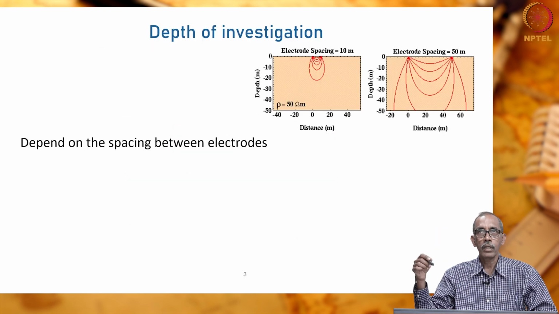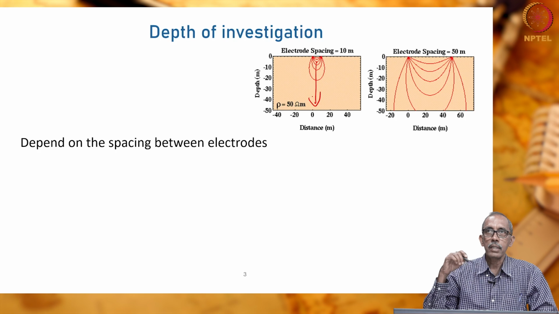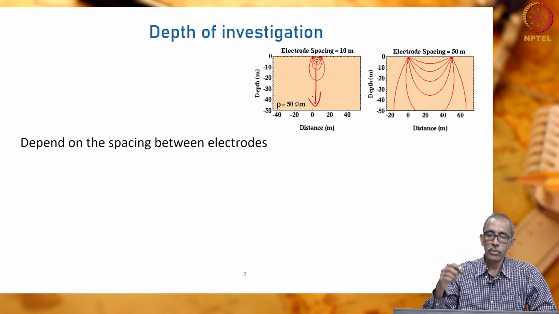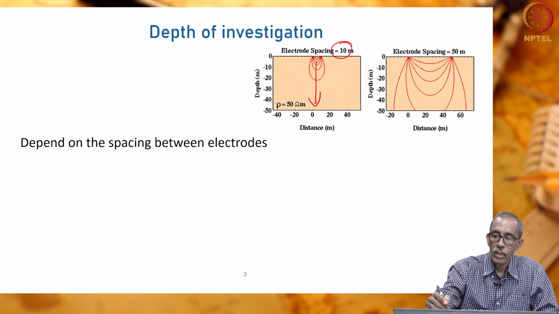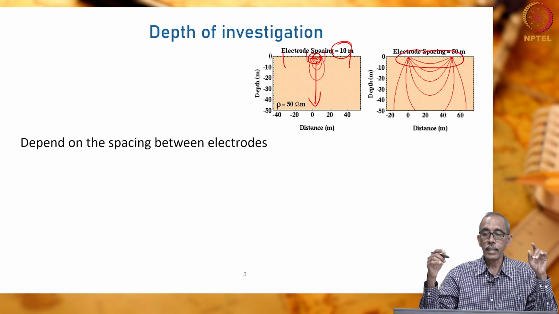So, before moving on to that, why are we going for vertical electrical sounding? In vertical electrical sounding, we would like to increase the depth of penetration of the current. How can we achieve that? As I told you, we have to increase the spacing between the electrodes progressively. Now the electrodes are kept at 10 meters, now they are kept at 50 meters, especially the current electrodes.